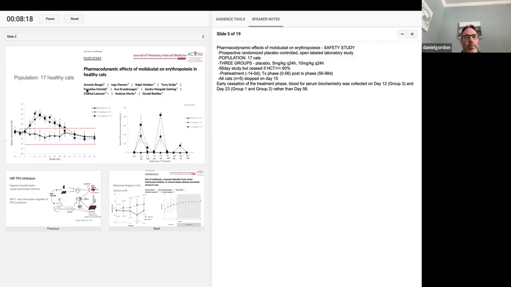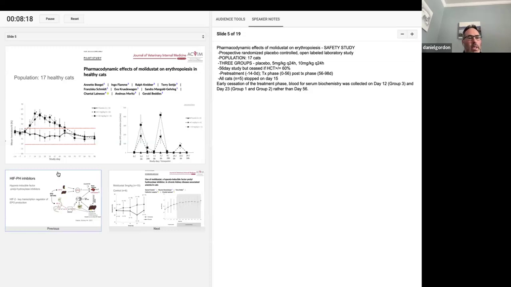There were three groups in this data set: the placebo group indicated by the triangles, the 5 mg per kg group in the circles, and the 10 mg per kg group of molidustat in the squares.